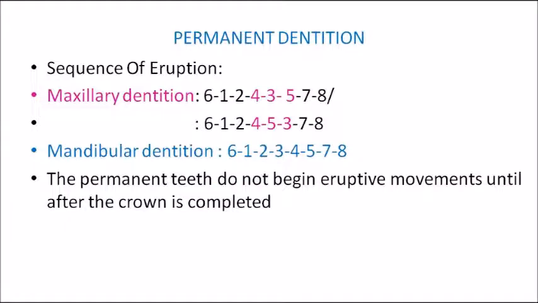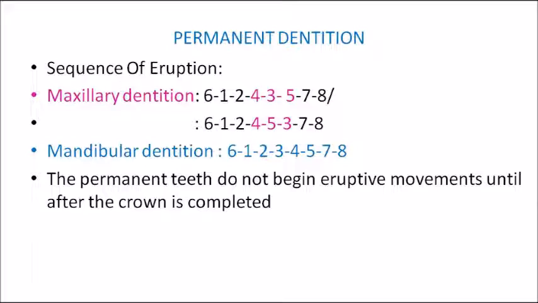So the sequence of eruption in the maxillary dentition is your permanent first molars, then you have your central incisors, lateral incisors, first premolars, canines, second premolars, second molars, and finally your third molars. Or sometimes there might be an alteration in the eruption sequence between your canines and your second premolar.